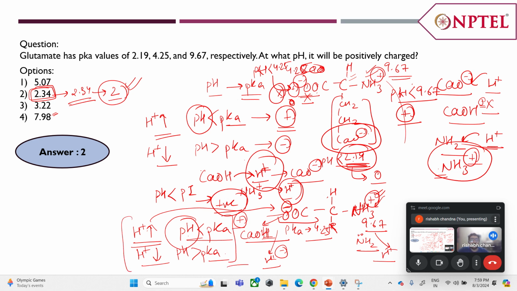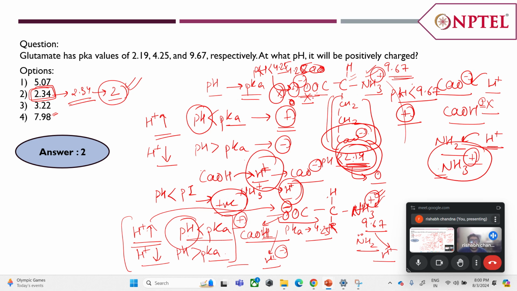Now if we see here, in this particular case, the COOH group has a pK of 4.25. This side chain has a pK of 2.19, and this NH3 plus has a pK of 9.67. Now we have to check at what pH all three moieties would have a net positive charge.